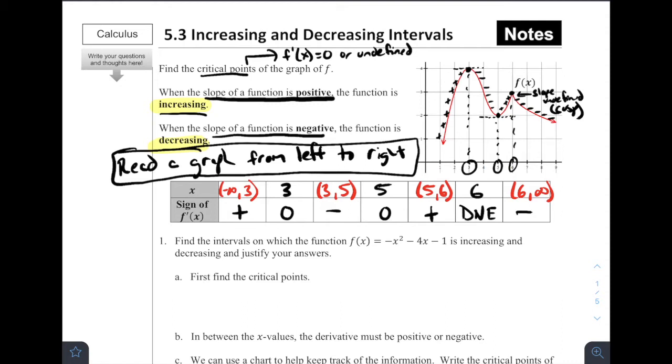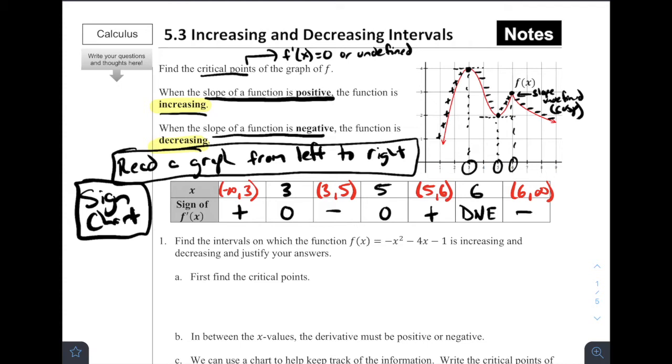So this is what we refer to as a sign chart. We're going to be using these over the next couple of lessons to talk about whether functions are increasing or decreasing, later about maximums and minimums, and what information we can tell about functions from the sign charts.